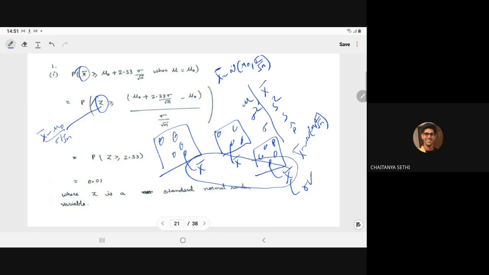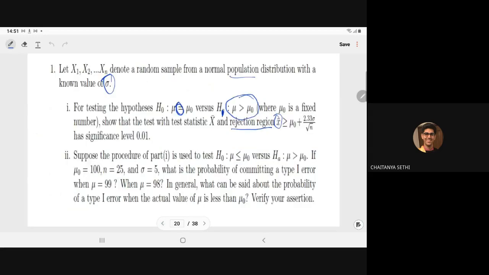So here mu naught cancels out, sigma upon root n cancels out. So this becomes z greater than or equal to 2.33, and its probability is 0.01. That is what they want to prove in this question. It must be 0.01.